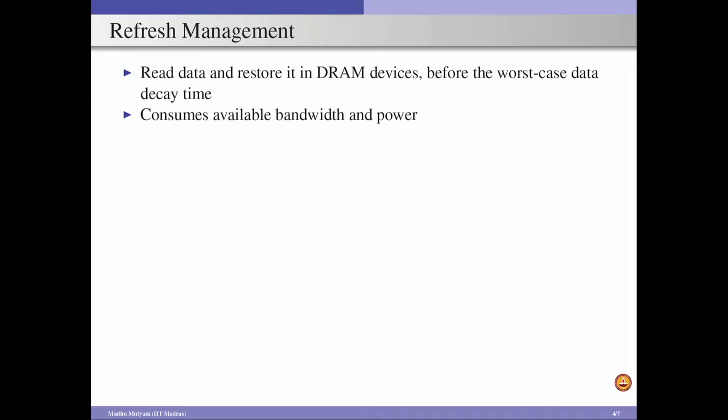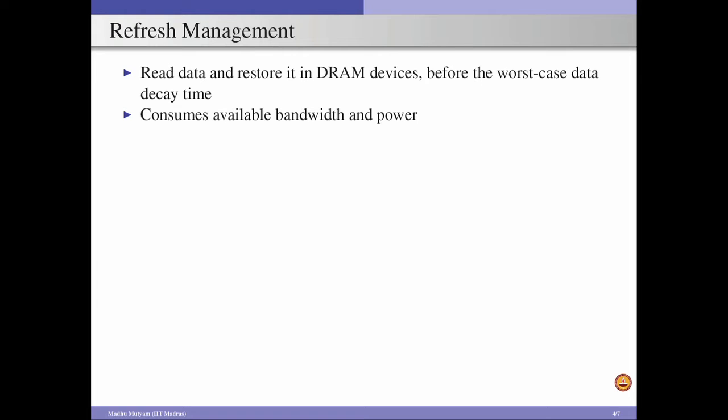So since these refresh operations are interfering with the requests from the processor and the IO devices, and the DRAM device is not available during this refresh interval, that indicates that it is going to have an impact on the bandwidth, and also it is going to consume power.